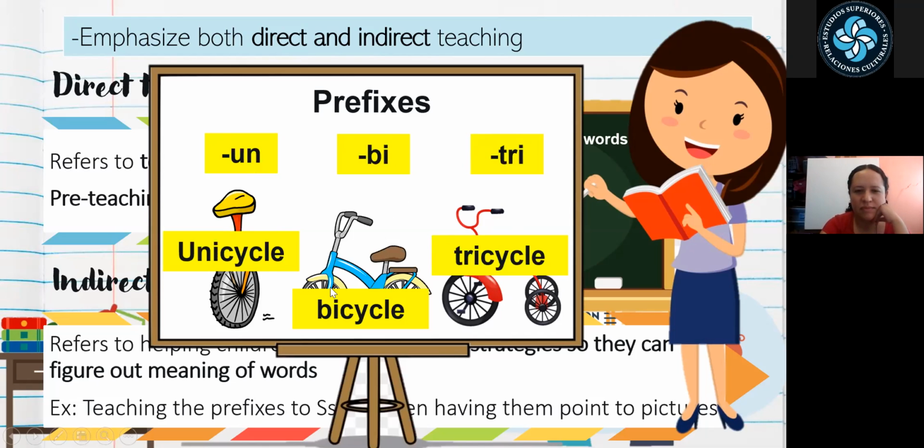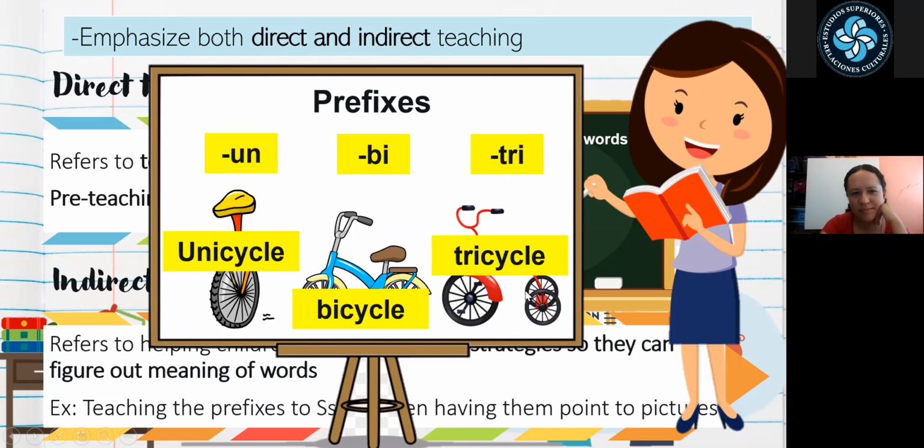Bi, because it has 2 wheels, bicycle, right? And uni, because it has one wheel, right? So they are going to think beyond. The teacher is not explaining that we use bi because it means 2, or we use tri because it means 3. No, the students are going to think, and the teacher is not giving the answers. As you can see here, the child is figuring it out, right? So this one is very indirect, very implicit, right?